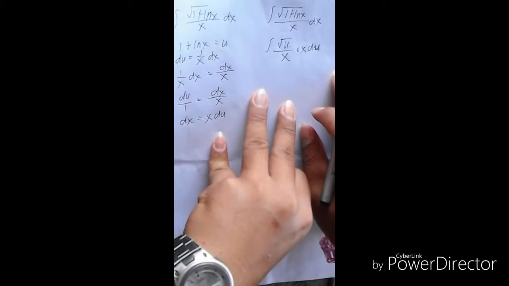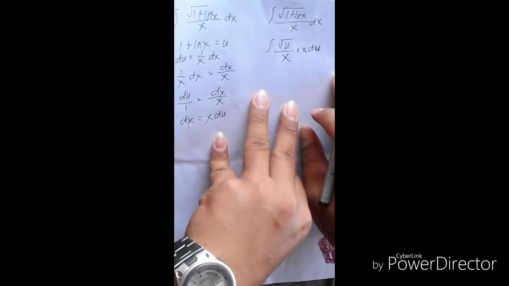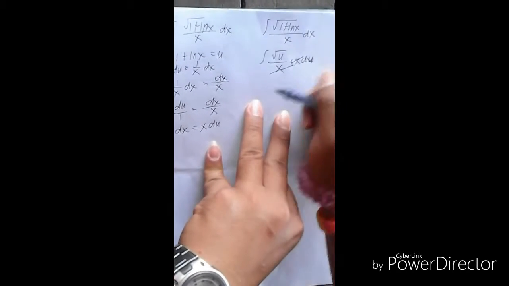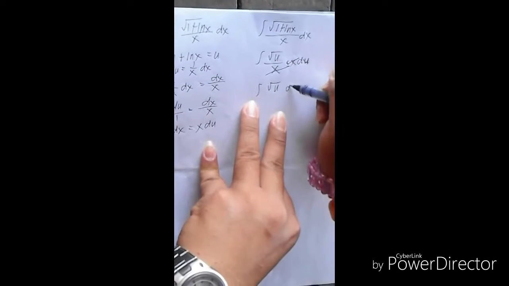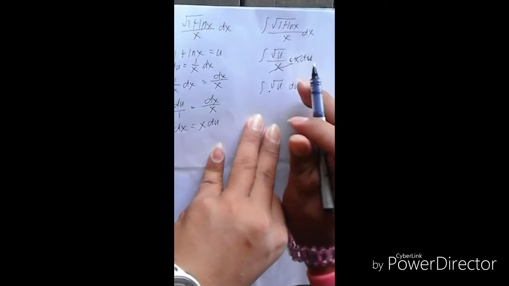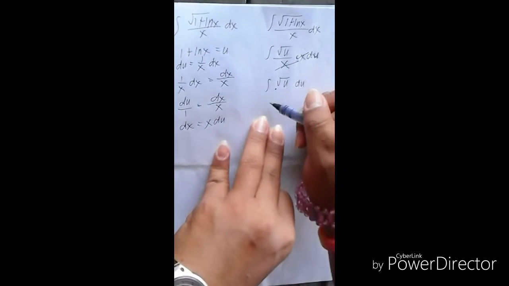Since the variable x is the same, we just cross it out, so the equation now is the square root of u. We can write this form also.